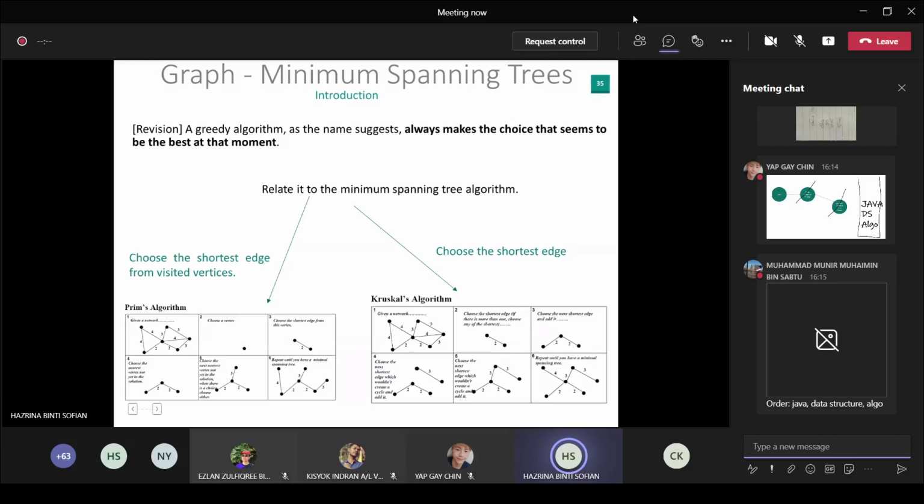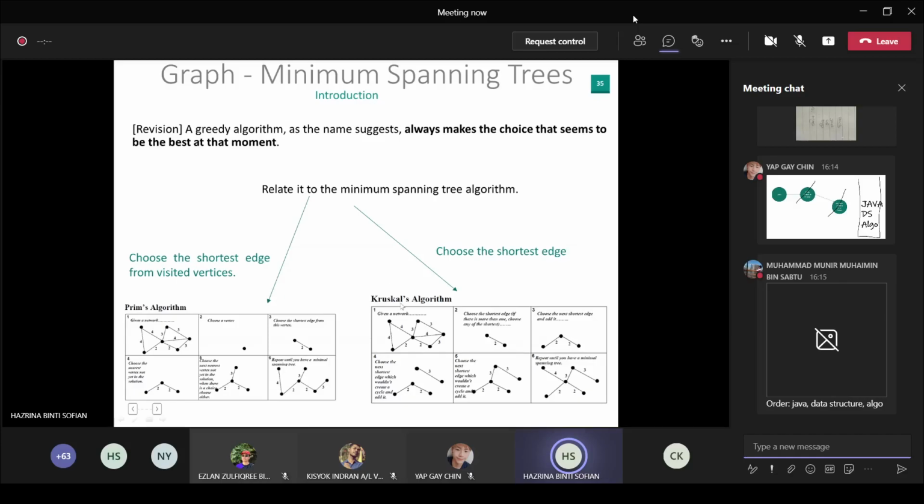Okay. So here we have Prim and here we have Kruskal. Just to give an overview of the difference between the two. We have a graph. For Prim, we always need to choose the shortest edge from the visited vertices. The vertex needs to have a connection with the visited ones.